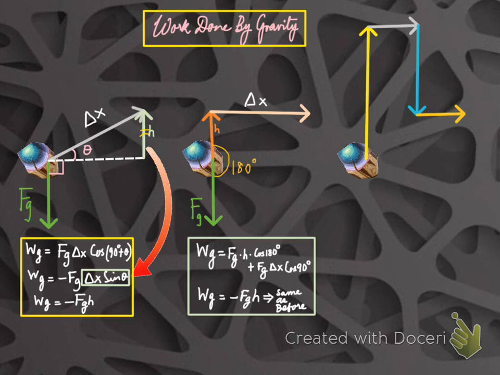So we first go up a distance h1, then we go to the right, a displacement delta x1, and then we go down a displacement h2, then we go right, a displacement delta x2.